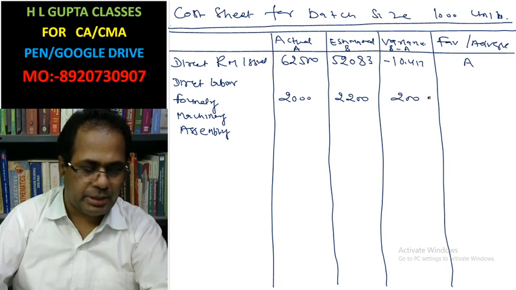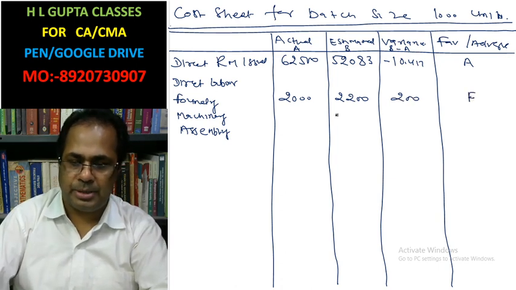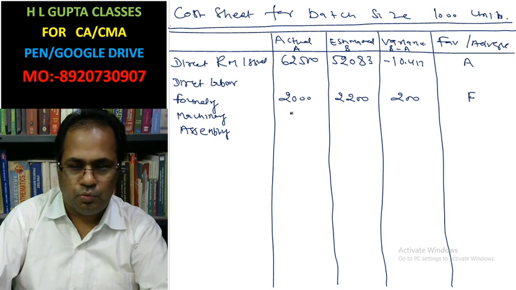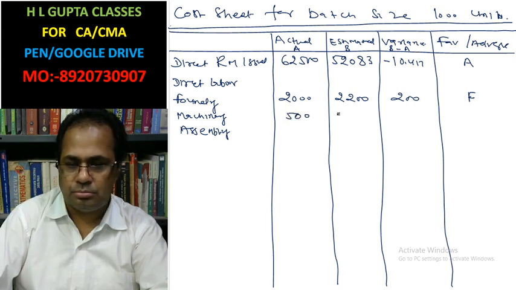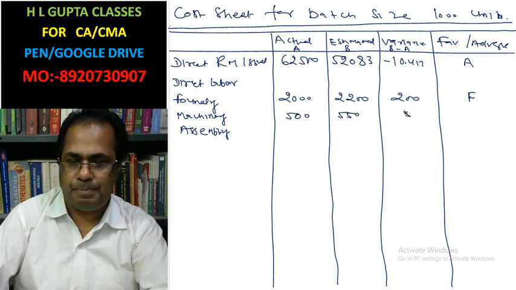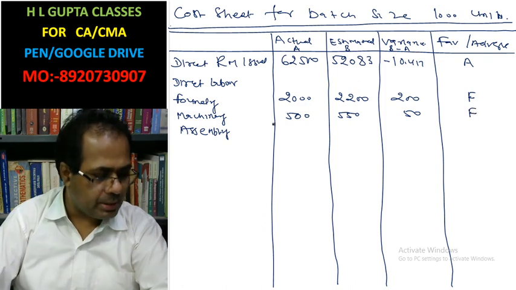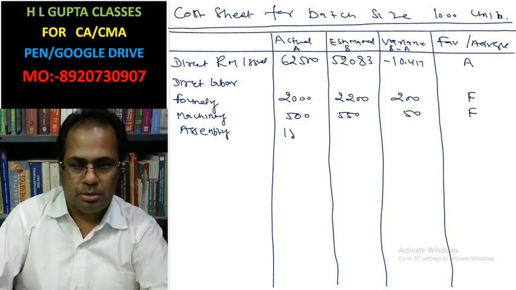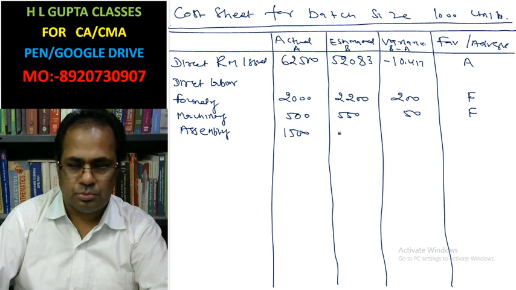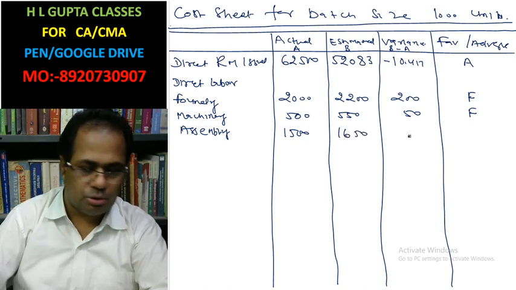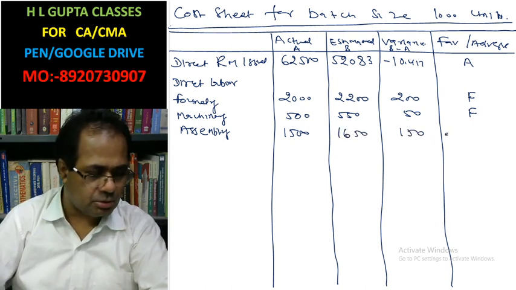This is 200, favorable. 500 and 550, that is 50, it is also favorable. 1,500 and 1,650, that is 150, it is also favorable.